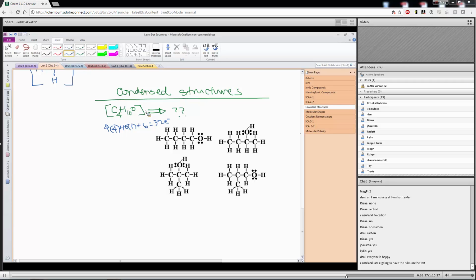Just take a minute. Let me know when you've looked at all of those and you're satisfied that each of these Lewis dot structures really does fit that molecular formula.